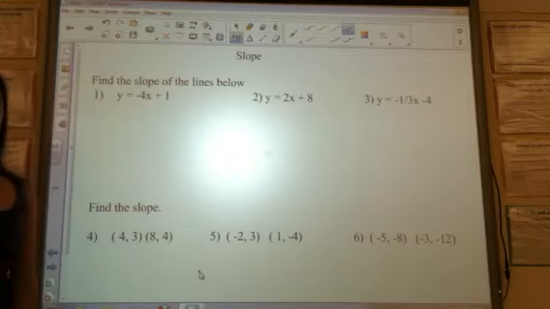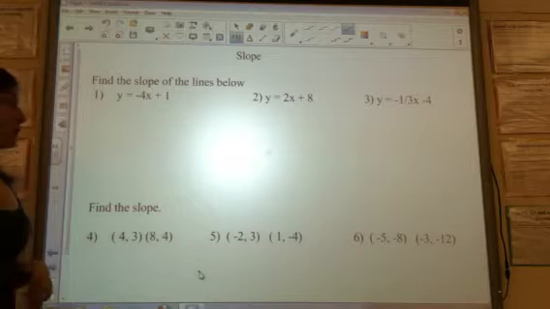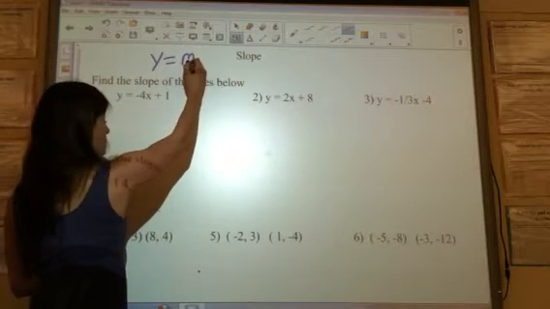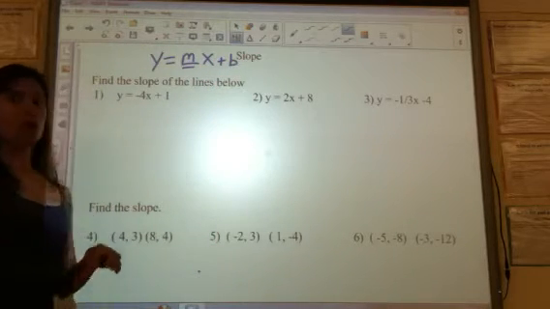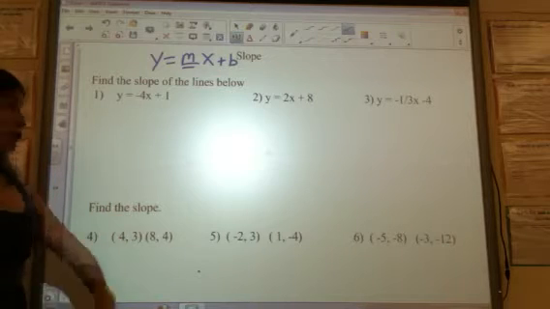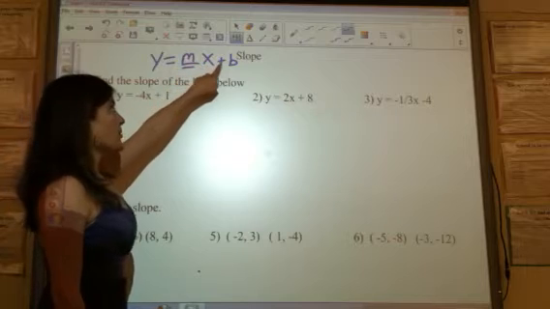Let's talk about when you're given an equation. When you're given an equation of a line, as long as we are in y equals mx plus b, where m is our slope, that's called slope-intercept form. It is the way that you, during this class, are going to see most of your linear equations. You're going to see the y alone, and it's going to equal some number that's in front of x plus b.